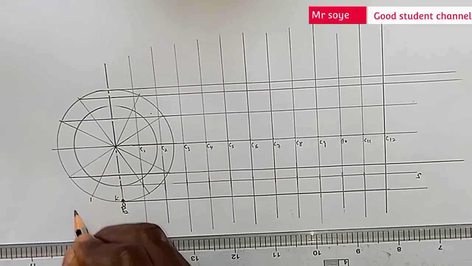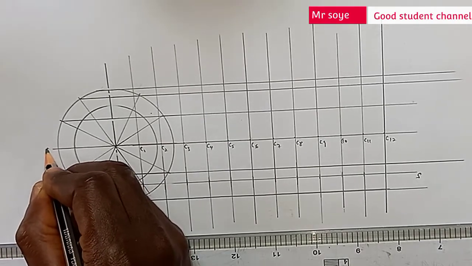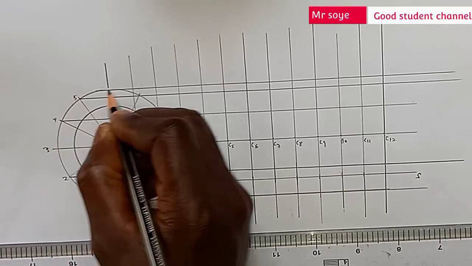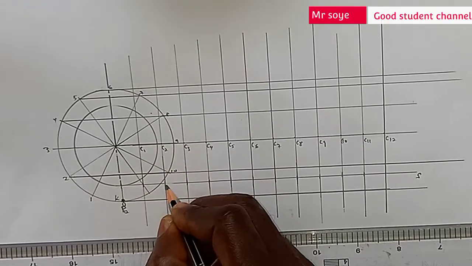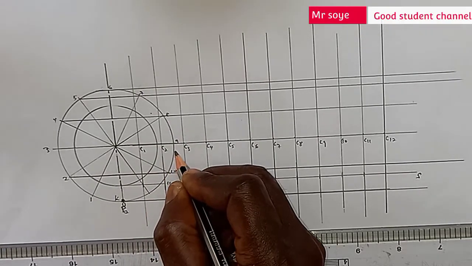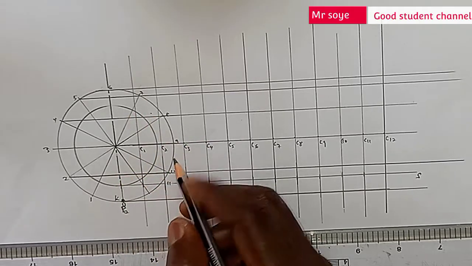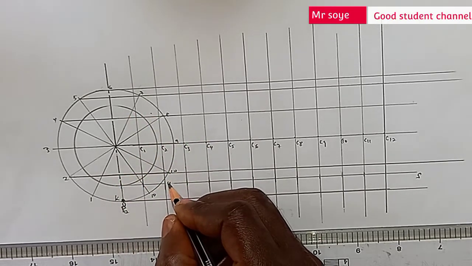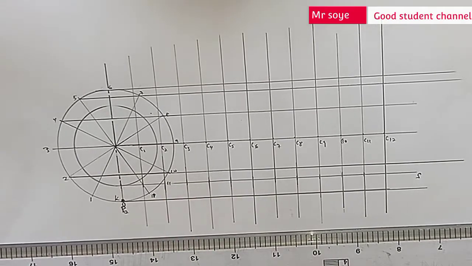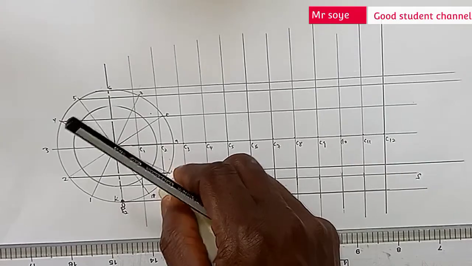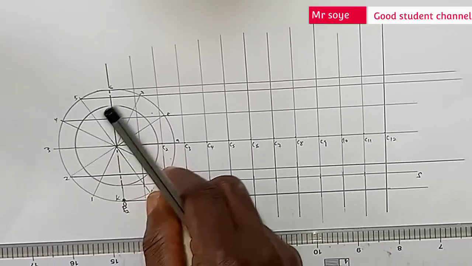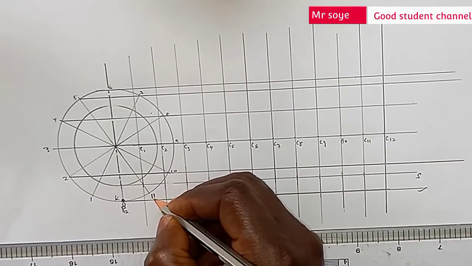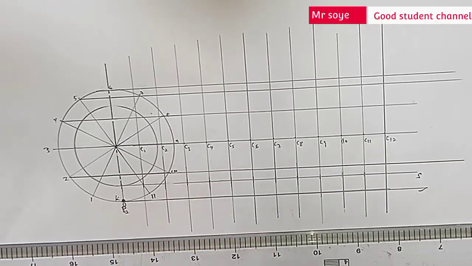This line is 1, this line is 2, line 3, line 4, line 5, 6, 7, 8, 9, 10, 11. That's the baseline, so there's no number allocated to it. So this is 11. Right, this is 10 and 12 back here.